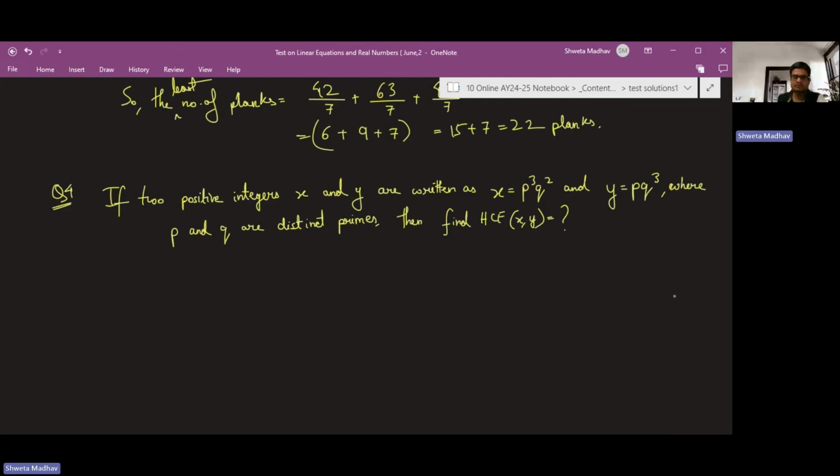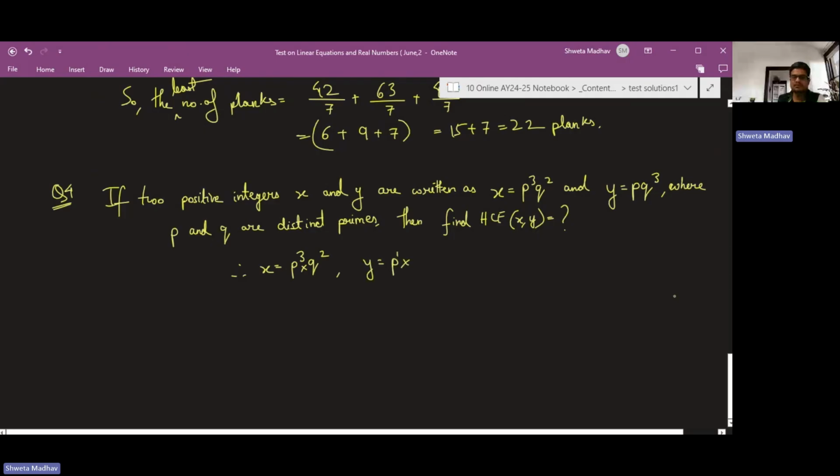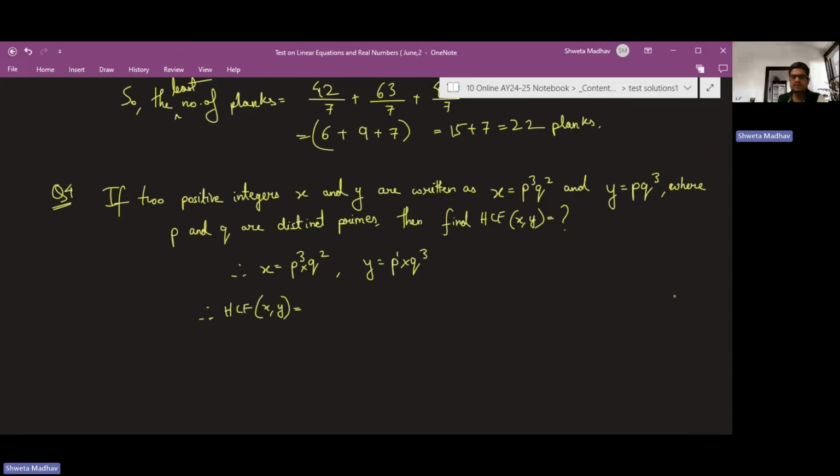So p and q are prime factors of x and y. Here x is given as p power 3 into q power 2, and y is given as p power 1 into q power 3. When we have to find the HCF of x and y, we take the product of the least exponents of the common prime factors.